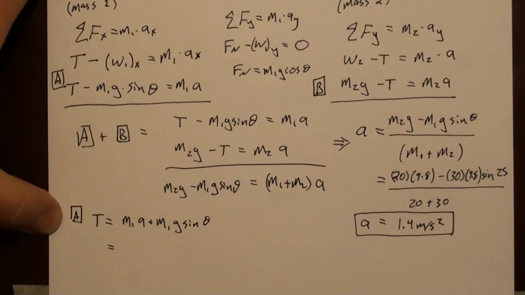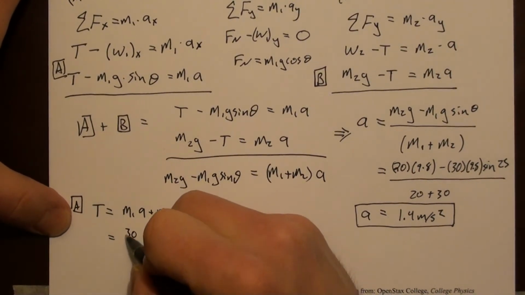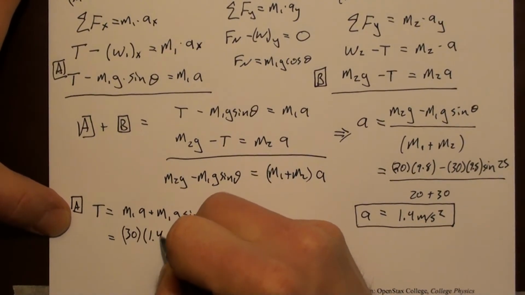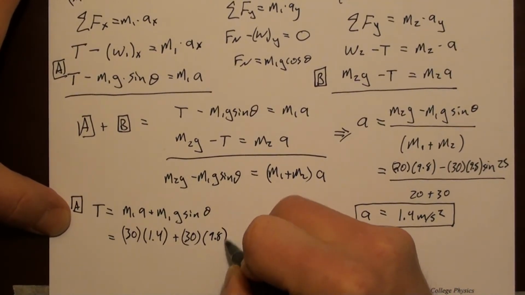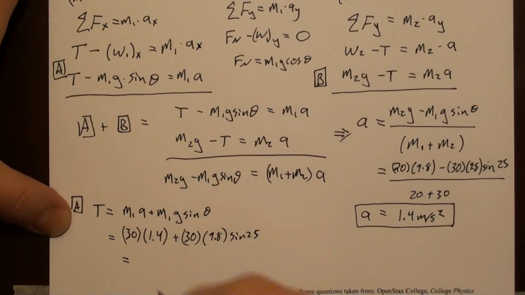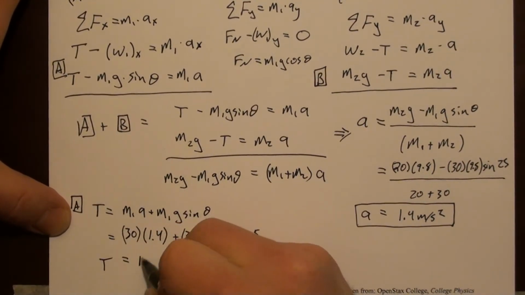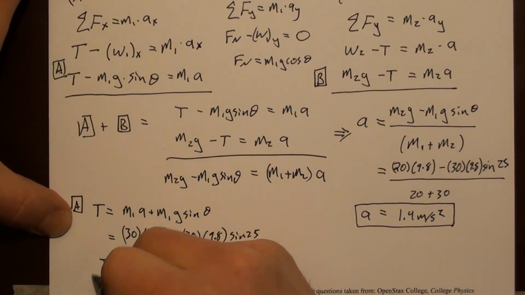Plugging in some numbers, it gives us 30 times 1.4 plus 30 times 9.8 times sine theta. And if you do that math, I think you get the tension is 170 newtons. Again, rounded to 2 sig figs.